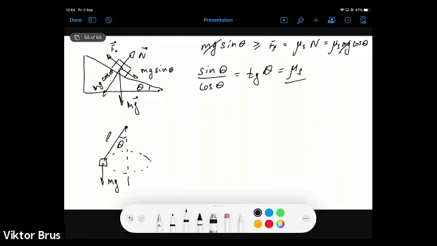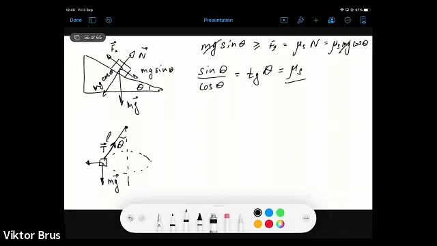Obviously here we will have a few different forces acting on this body. It will be mg, as we already showed. Then we have T, which is the tension in this rope. And we will also have the centrifugal force, which will act like this.